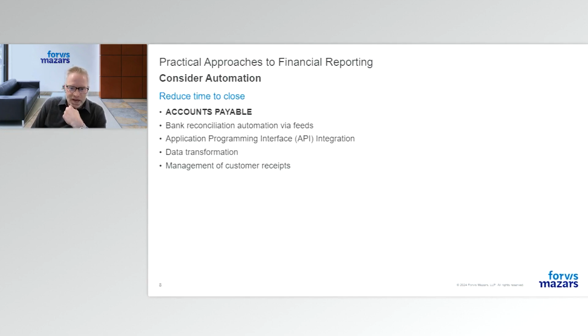So the next thing we can do in taking steps to shorten that month-end close is to consider automation. And I have accounts payable highlighted on this slide because this is the lowest hanging fruit we have out there at the moment.